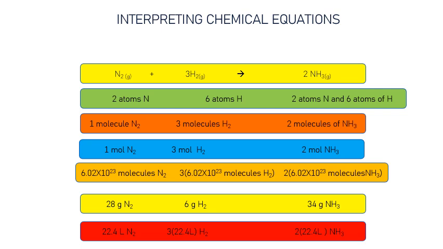In this specific equation, we have 3 moles of hydrogen, so we will have 3 times 22.4 liters of hydrogen, and we will have 2 times 22.4 liters of ammonia. So we can relate in terms of volume, mass, particles, moles, molecules, etc. Correct? We can use these ratios of the substances for stoichiometric calculations.